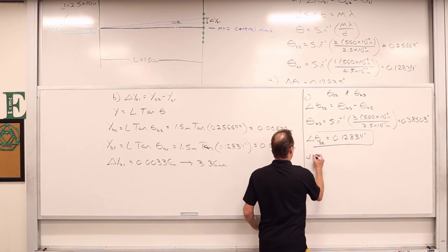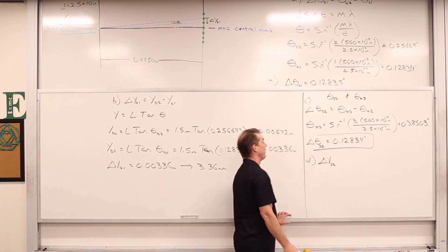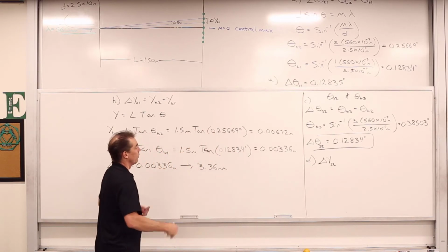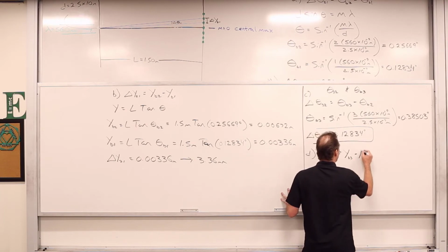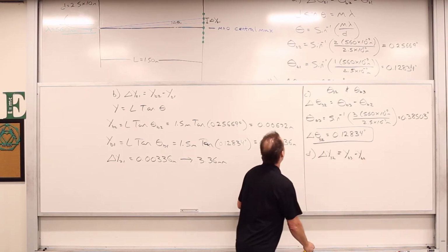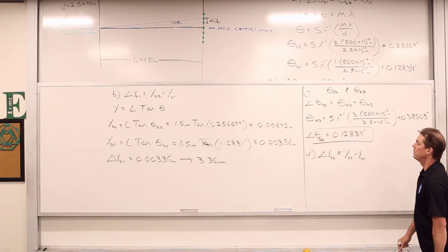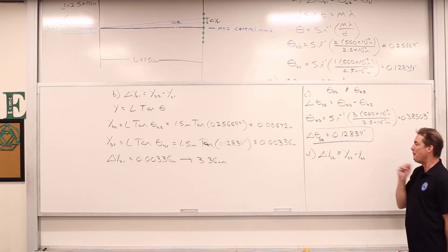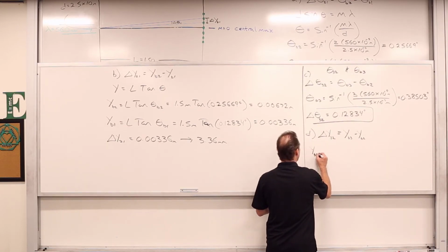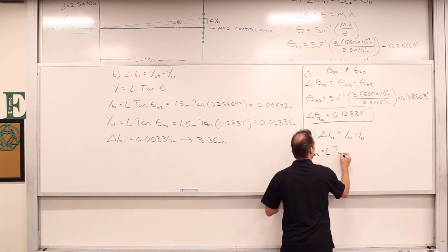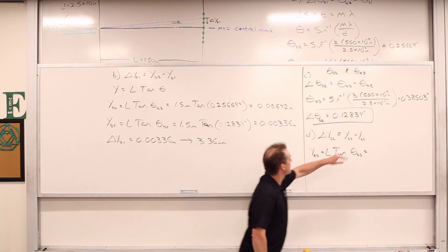Part D, we are looking at now the delta y 3,2. What is the linear separation between them? Well, that is going to be equal to yb3 minus yb2. We already know what yb2 is. It's right there. 6.72 millimeters. So let's just get yb3. yb3 is equal to L times the tangent of theta b3. Theta b3s are right here.